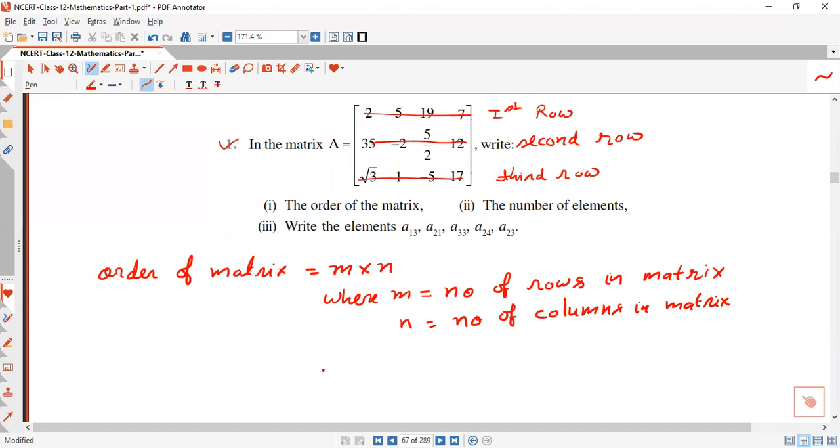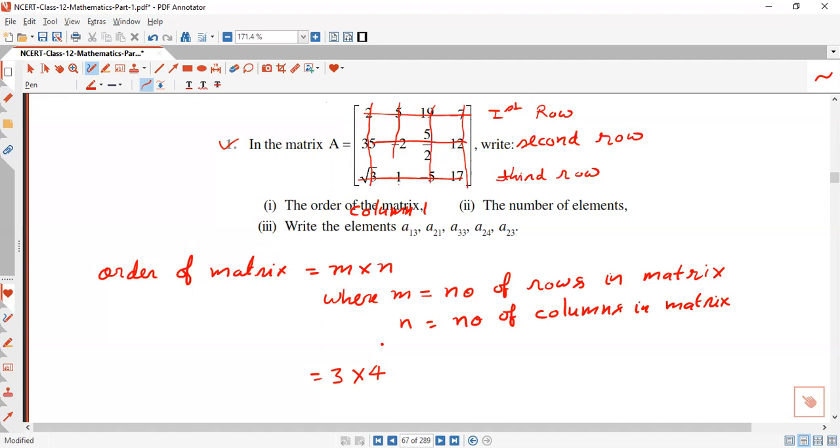So the order of the matrix will be 3 by, now we have to find the number of columns. You see this is column 1, column 2, column 3, and column 4. So we have 4 columns here, 3 by 4. So the order of the matrix will be 3 by 4.